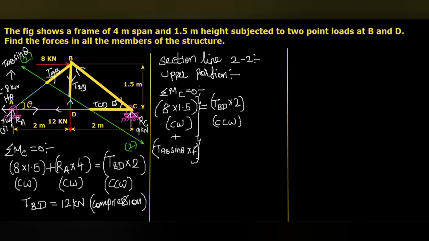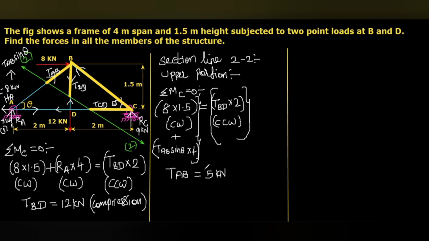Okay, so if you simplify this, everything is equal to this right hand side value. This 2 you have to add, that equal to this right hand side value. The TBD already we know, substitute it here. So from this, you can get the value of TAB, that equal to 5 kilonewton.